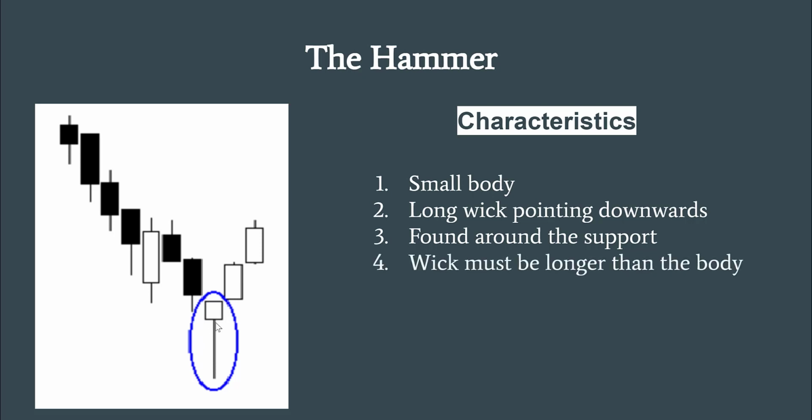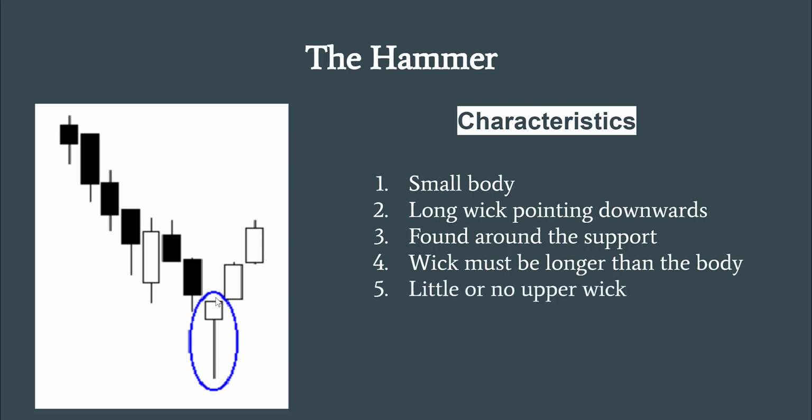Then another characteristic is that the wick, which some call tail or pin, is longer than the body. It's usually longer than the body. So this is the body here, while this is the wick. It's usually characterized by a long wick pointing downwards.